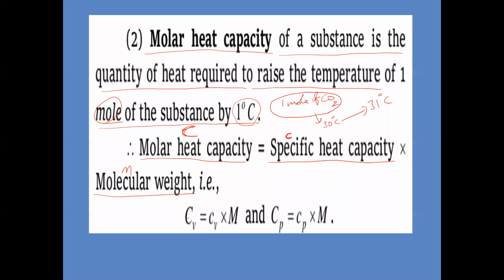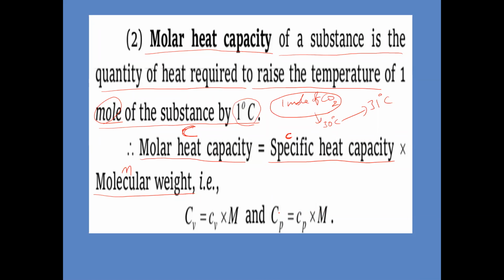So capital CV is the molar heat capacity at constant volume, equal to the specific heat capacity at constant volume times the gram molecular weight of the substance. Now, capital CP means the molar heat capacity at constant pressure, which is equal to the specific heat capacity at constant pressure times the gram molecular mass.